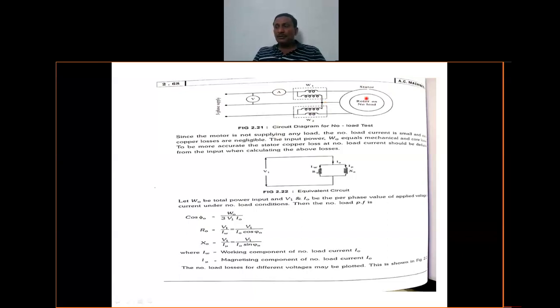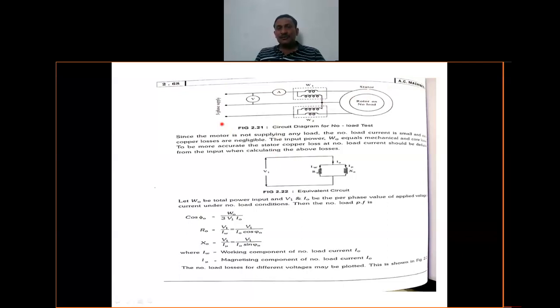In the brake test, we apply load with the help of a brake drum and pulley arrangement, but in this case we are not connecting any load to the rotor. This is the stator winding and this is the rotor winding.